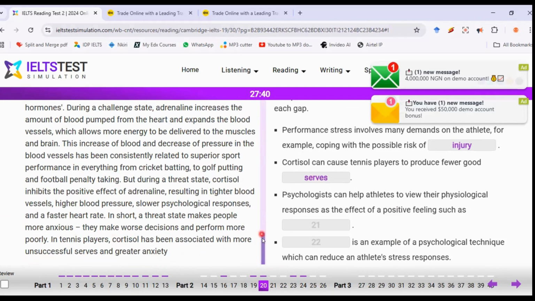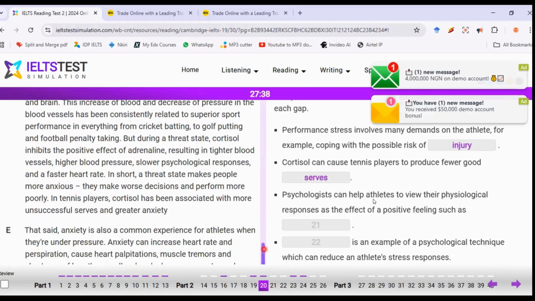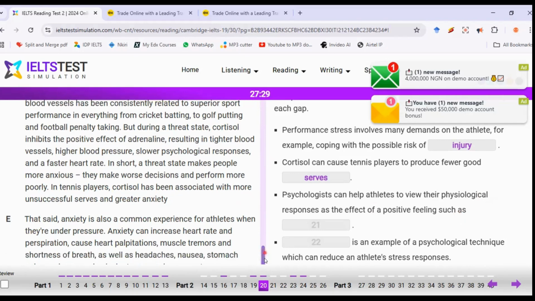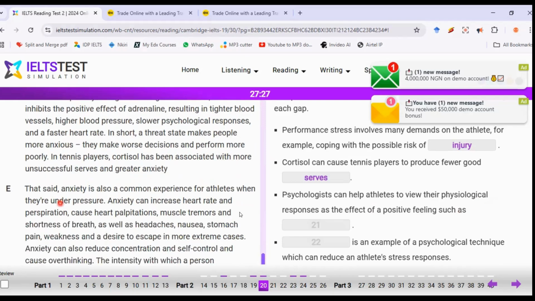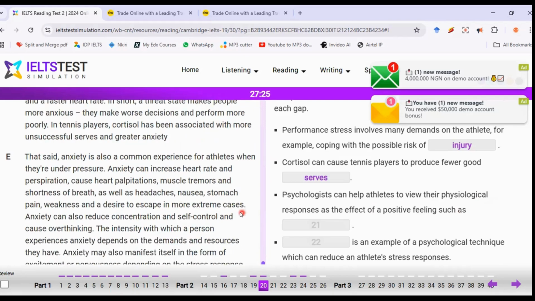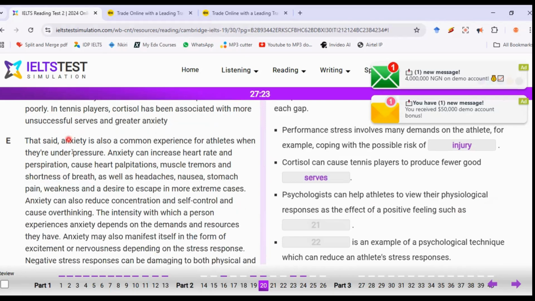Then, the next one says psychologists can help athletes to view their psychological responses as the effect of a positive feeling, such as... Psychologists can help athletes. Okay, so let me check the next paragraph. Where's psychologist here? I can't see psychologist yet.